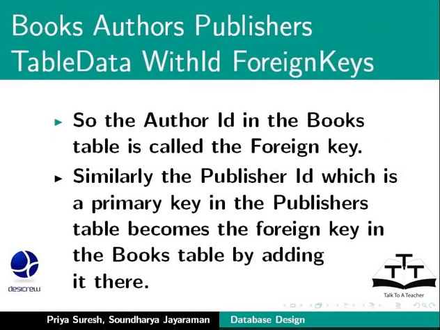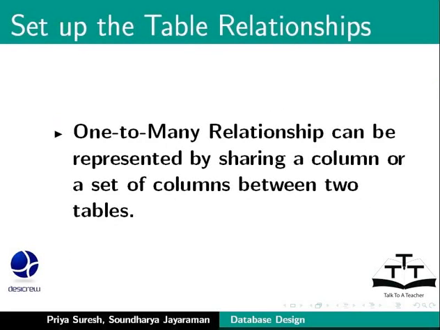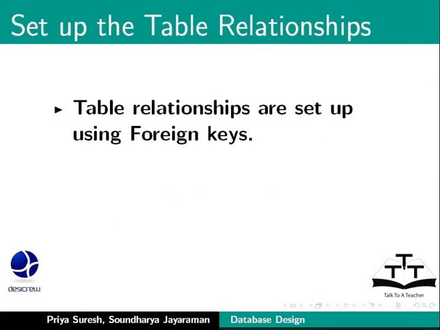Similarly, the publisher ID, which is the primary key in the publishers table, becomes the foreign key in the books table by adding it there. So, by sharing a column or a set of columns, we can represent one-to-many relationships in the database. And table relationships can be set up using the foreign keys.